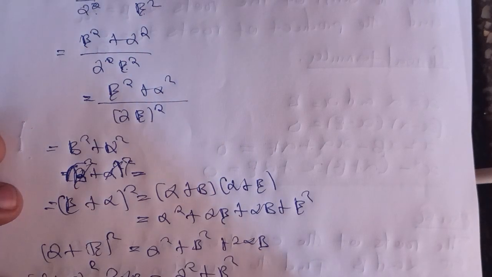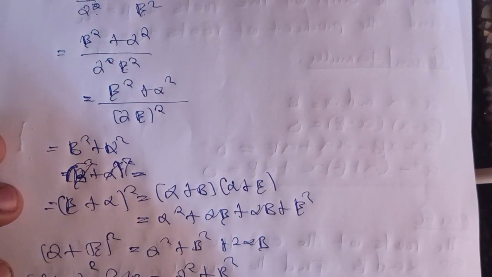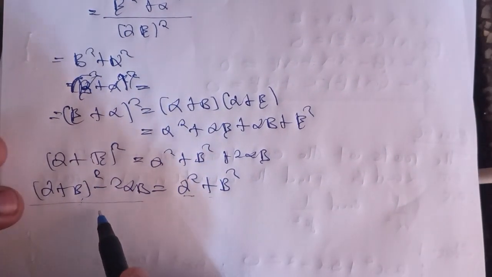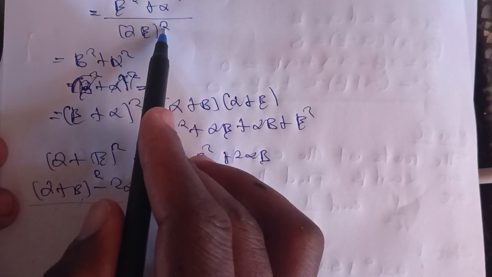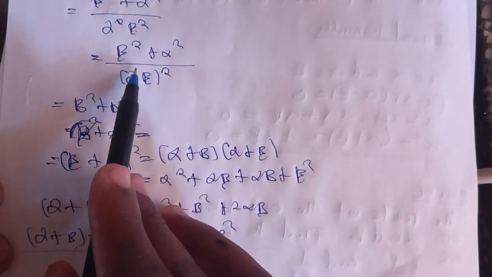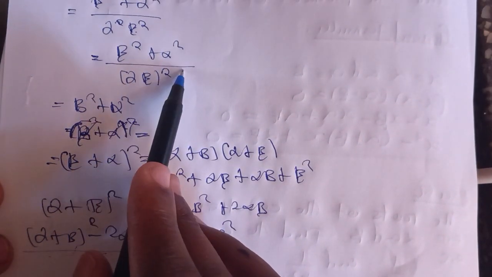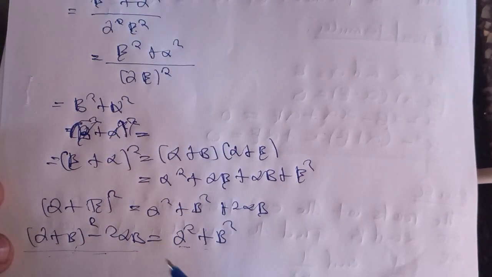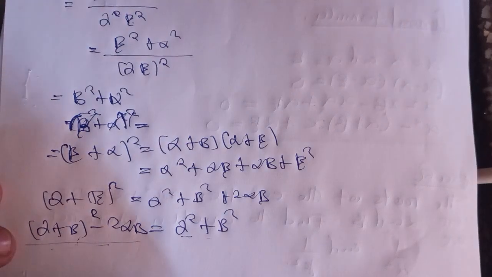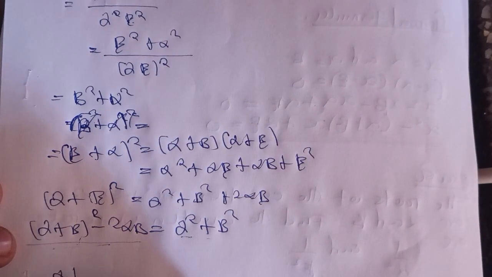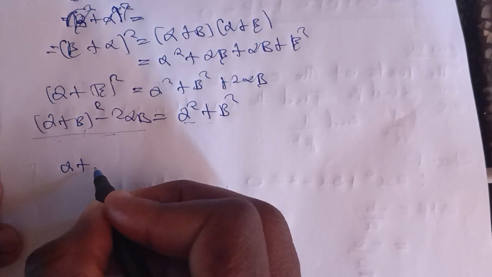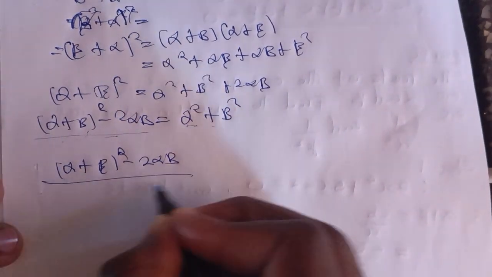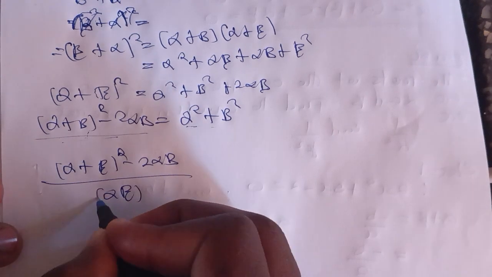So where we see alpha squared plus beta squared, we need to substitute with this, since addition is commutative. Therefore, we can say alpha plus beta squared minus 2 alpha beta, over beta and alpha multiplied, squared.